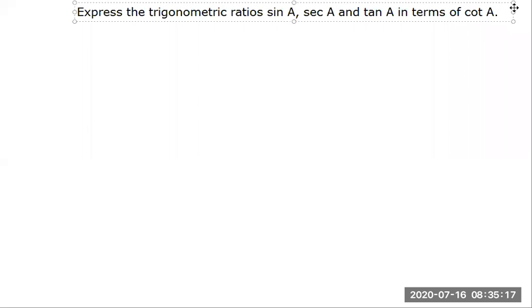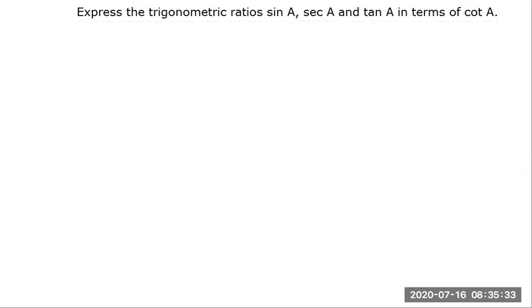So we have one more question, students. Express the trigonometric ratios sin A, secant A, tan A in terms of cot A, right? So let's try to do it together. You also help me, I'll also do.